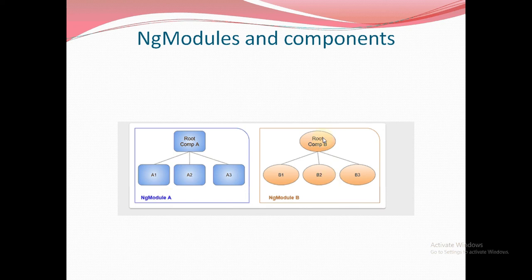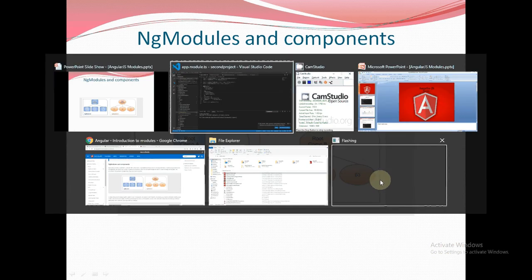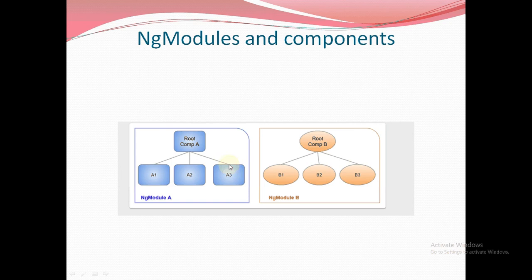Next, we will consider the difference between the ng module and the JavaScript module. The JavaScript module concept is used so that you can easily export any classes and use them elsewhere.